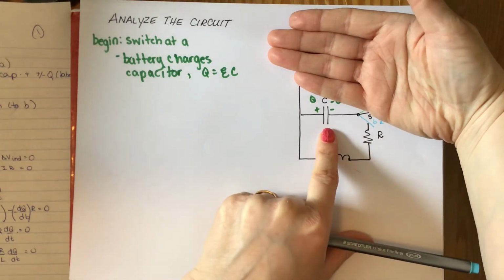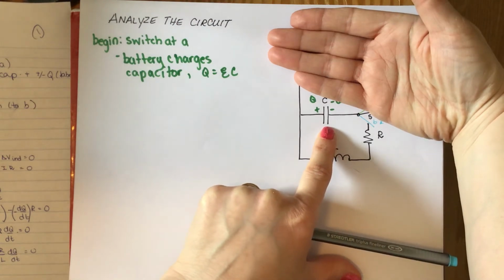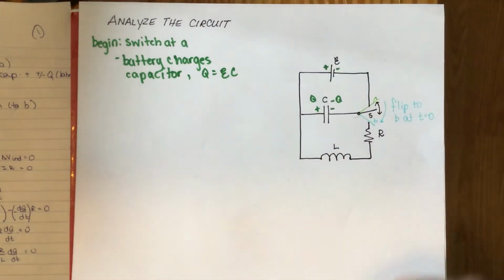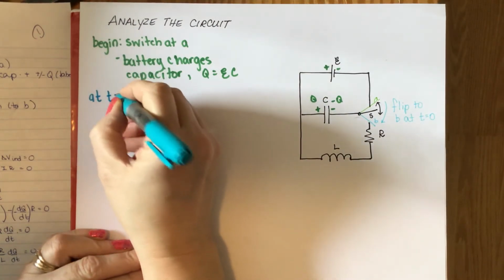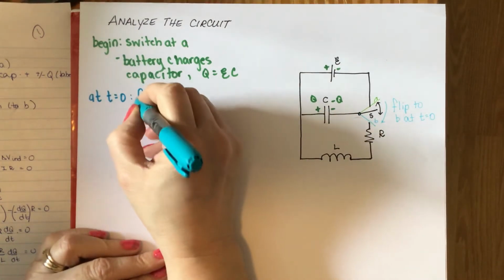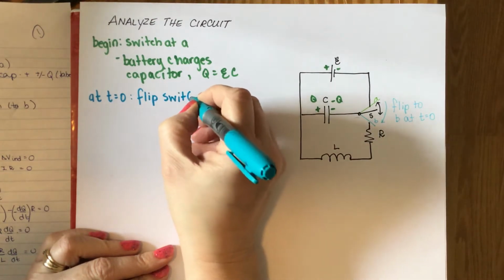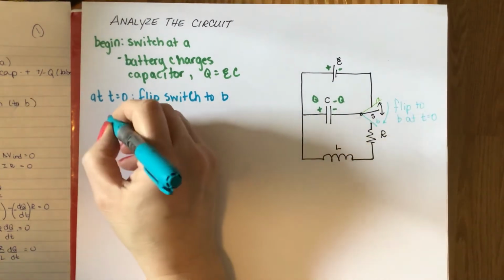The capacitor is fully charged, so it's going to act as a supply of potential for the circuit. So the charge is going to flow, which means we're going to have a current flow.